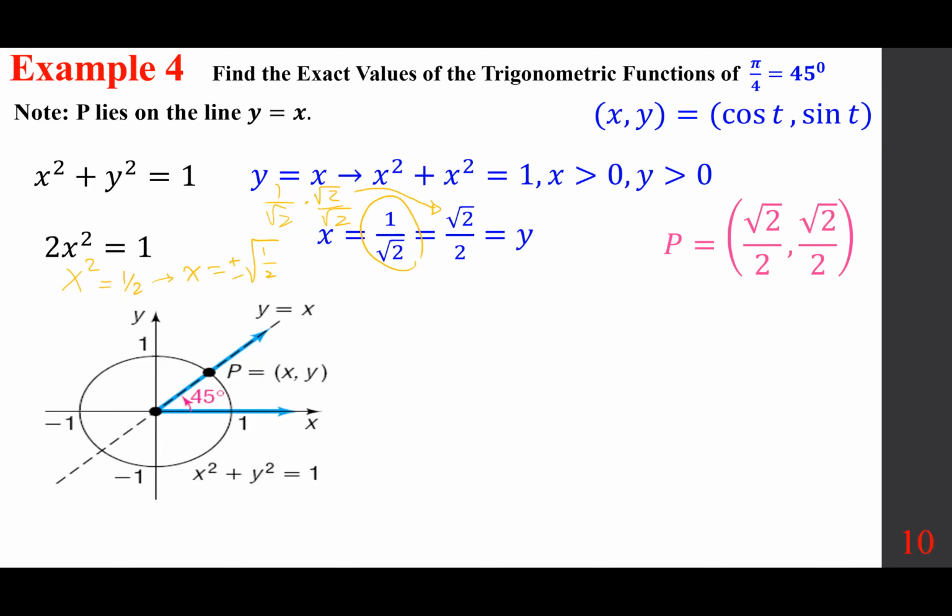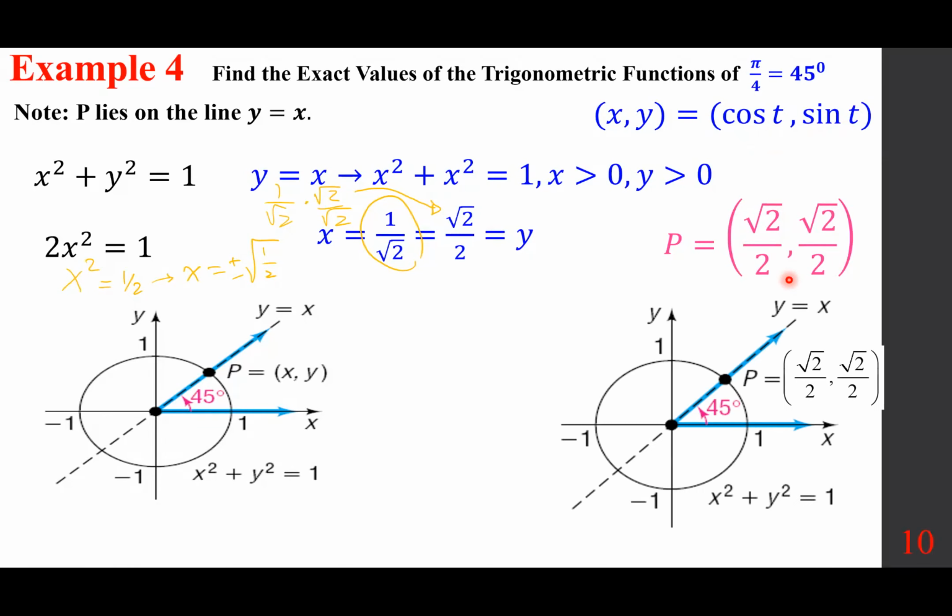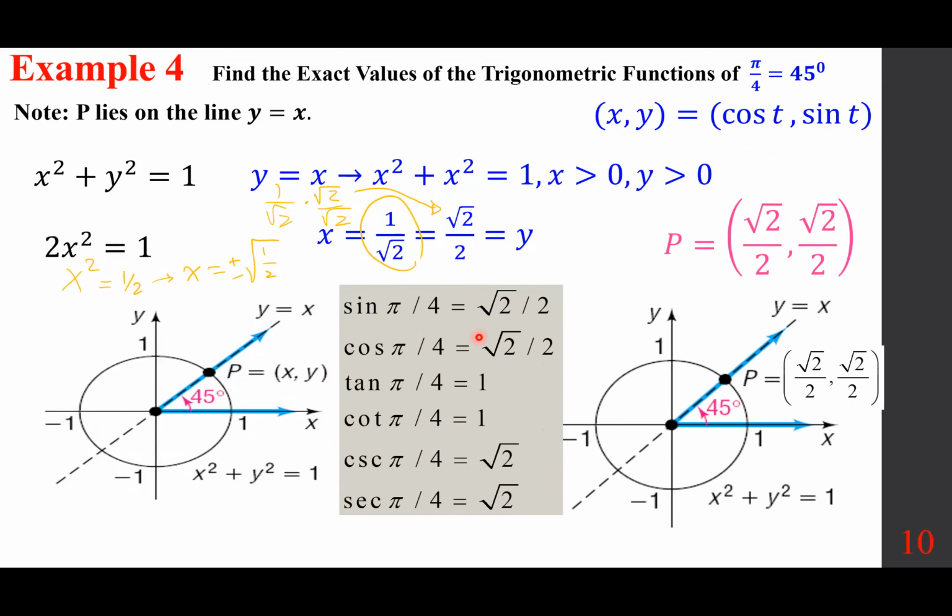Therefore, cosine of 45 degrees or pi over 4 is square root of 2 over 2. Sine of pi over 4, 45 degrees, is square root of 2 over 2. Tangent, which is the ratio of these two, is 1. The rest are the reciprocals. So this is what we have. Now the reciprocal of tangent is itself. The reciprocal of this number, 2 over square root of 2, is square root of 2.